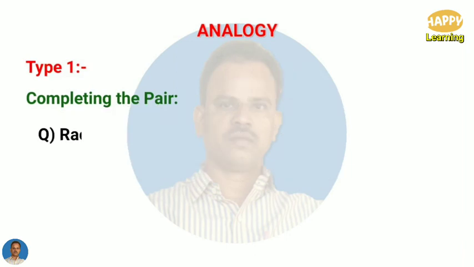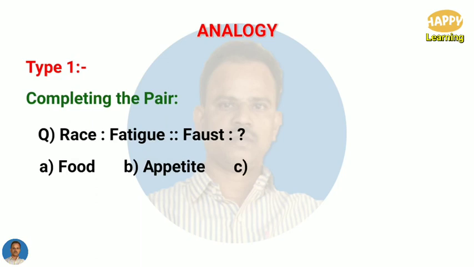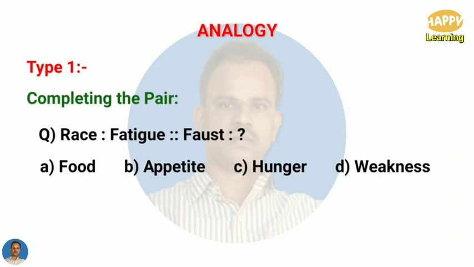Next question. Race is proportionate to fatigue and is same as fast is proportionate to dash. See, if you participate in a race, you get fatigue, tired.